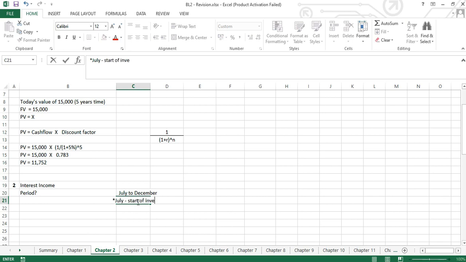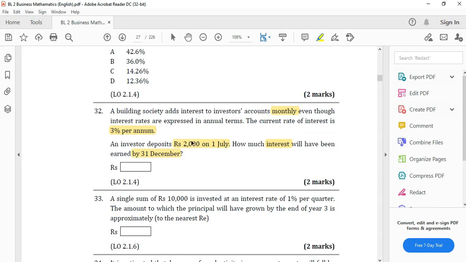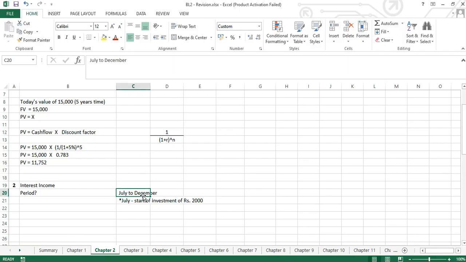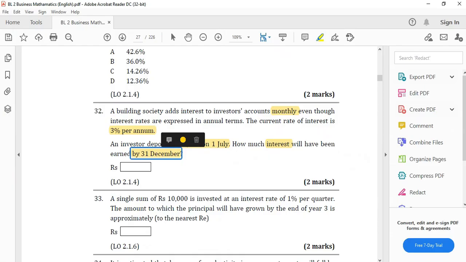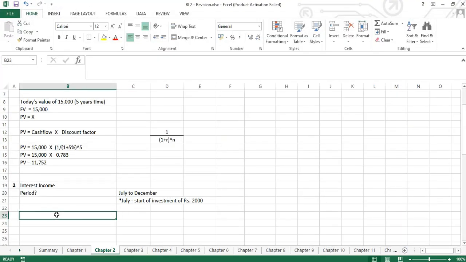Start of investment of 2000 rupees. And they've asked at the end of December, so that's why we considered up to December. Then calculate the interest. Now we should understand whether this is simple or compound interest.